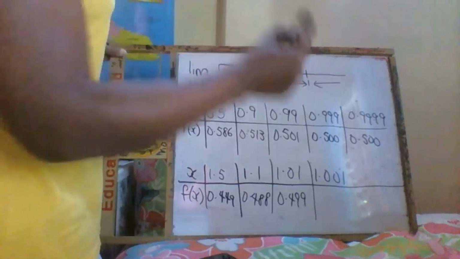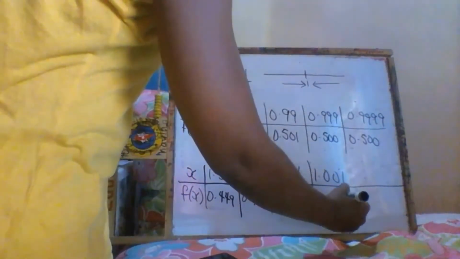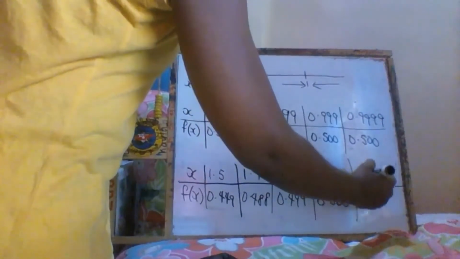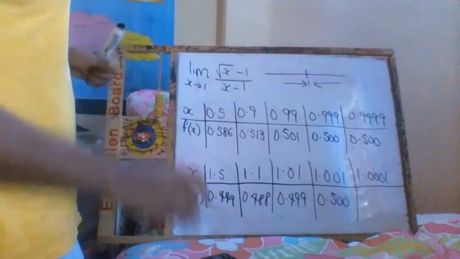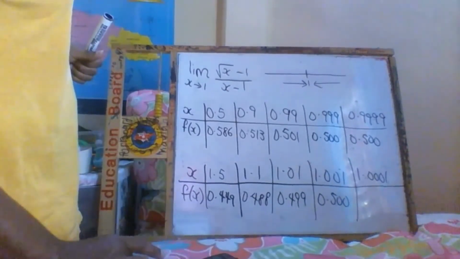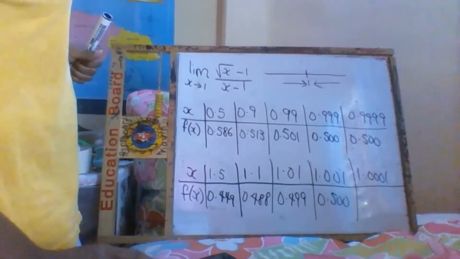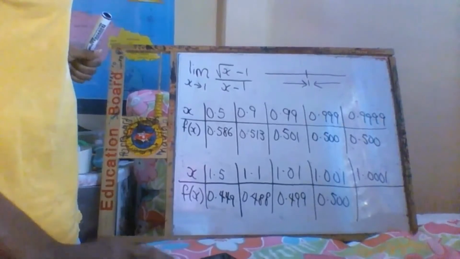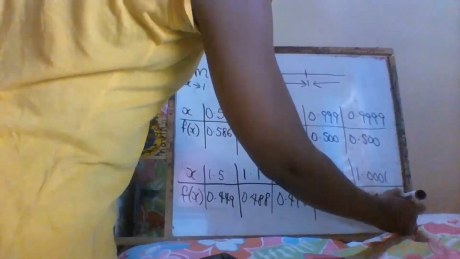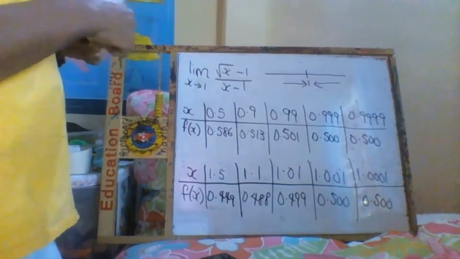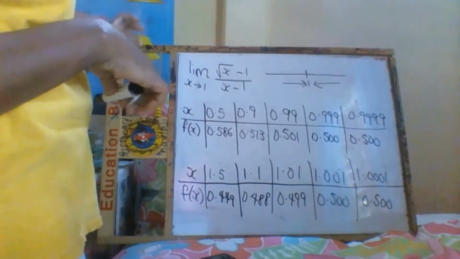If I do 3SF, I get 0.500. One more. Let's add in another 0 right there. And I get the same 0.500. So I would make an educated guess, right?